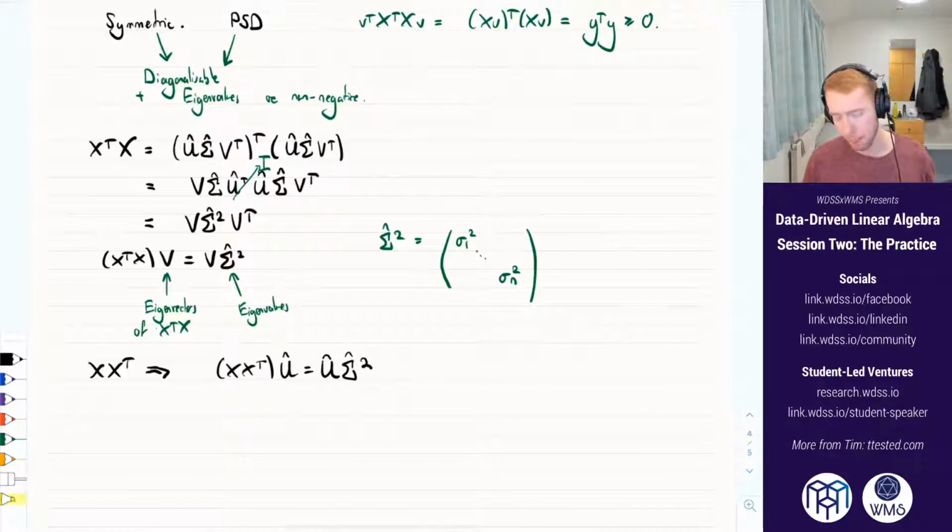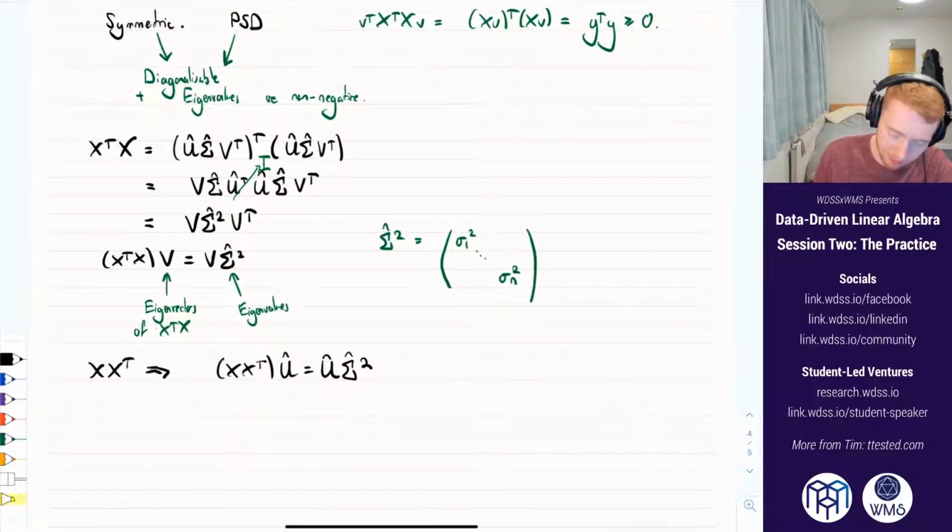That's nice. But the problem is that x x transpose is a massive matrix. This is a p by p matrix. So although we could get the values of u using this method, we would not want to, because this matrix probably can't even fit in memory, or if we're doing it by hand, it's going to be a nightmare.